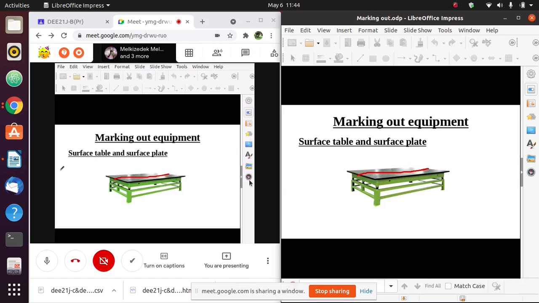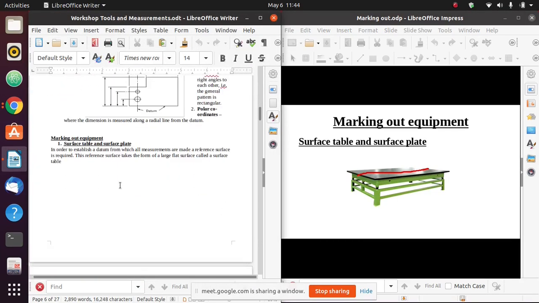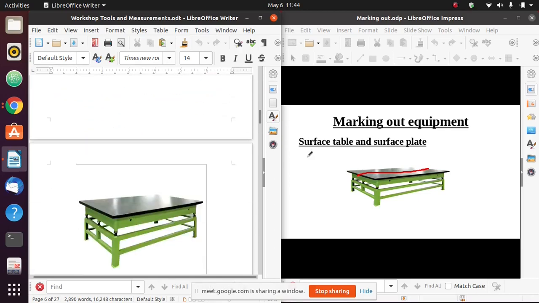So when I place a workpiece on this table and I want to draw a reference edge or a datum on my workpiece, then it is possible, because this reference surface will be able to test the trueness of the flat surface of my workpiece. Then it is possible to establish a datum from which I can take my measurements on my workpiece. So this is a surface table.